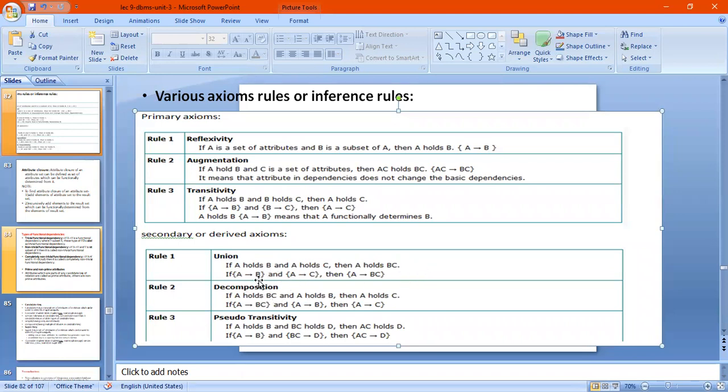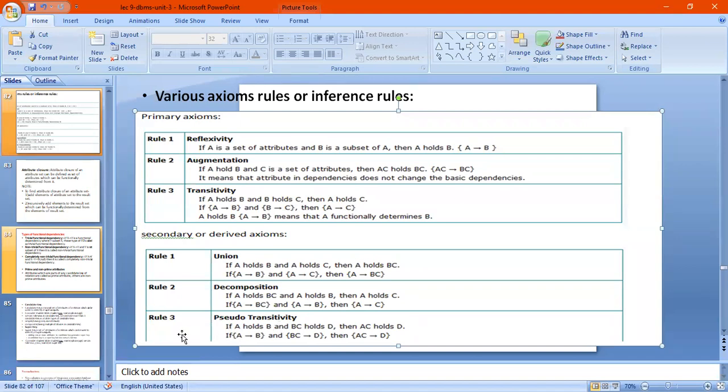Next rule, decomposition. If A holds BC, then A holds B and A also holds C.